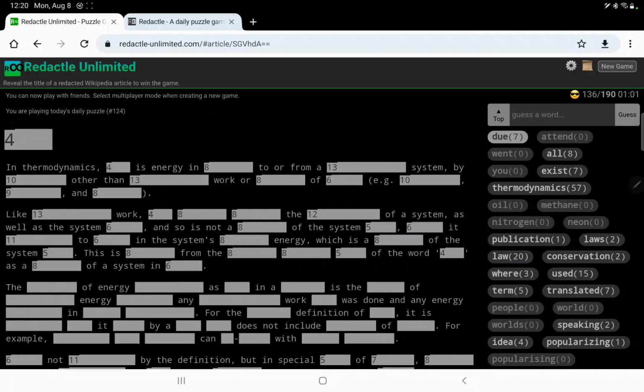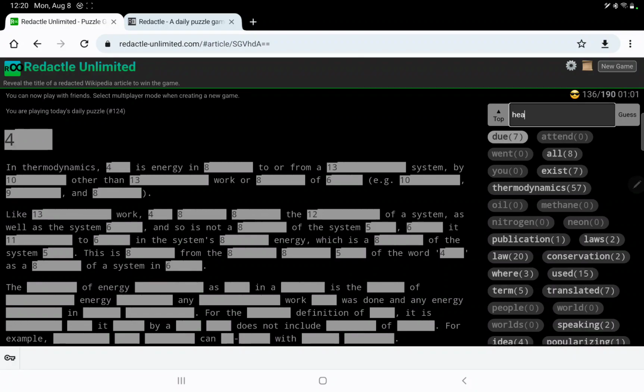Okay, well, I'm a little bashful. This 4-letter word is a very common word. It's not going to be something very scientific, but the definition is very scientific here, this specific meaning. In thermodynamics, heat is the word we were looking for.